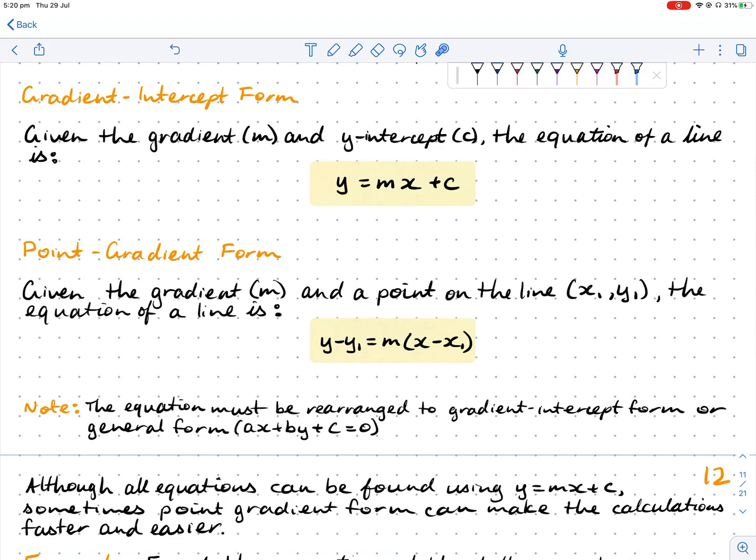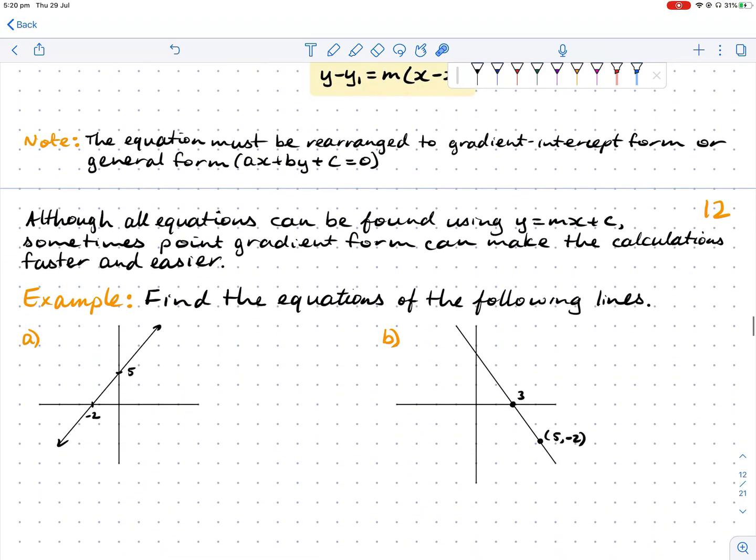It just means that we don't have fractions in our answer, and it's a little bit easier to read because of that. So when we're looking for the equation of a line, we can just use y = mx + c, as you've done before, and that's perfectly fine. But sometimes point gradient actually provides a much easier solution for you. And I'll show you in a moment an example that I've done using both methods.